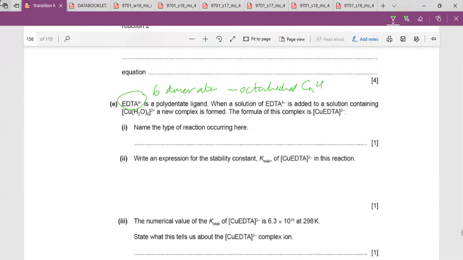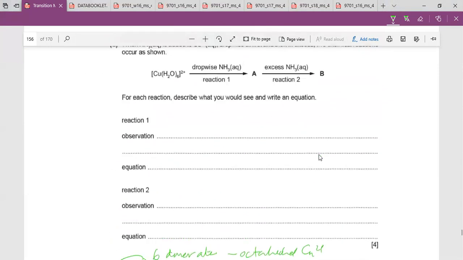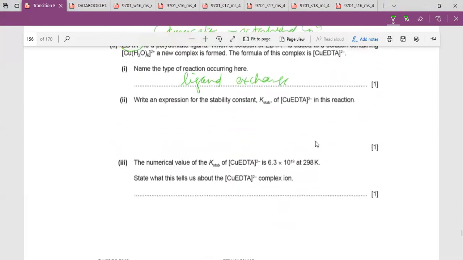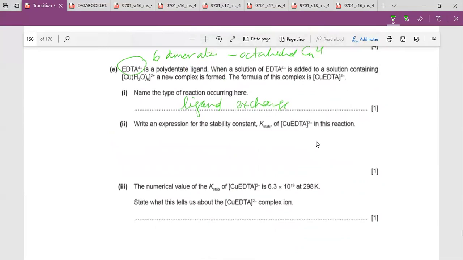So of course the reaction is ligand exchange. Expression very simple. Now remember here they give you copper 2 plus. EDTA gives you copper 1 to 1, right? Bracket EDTA.